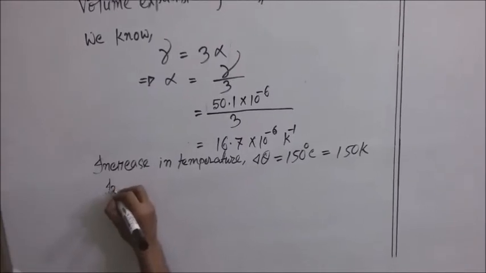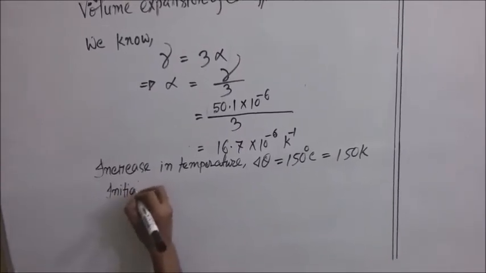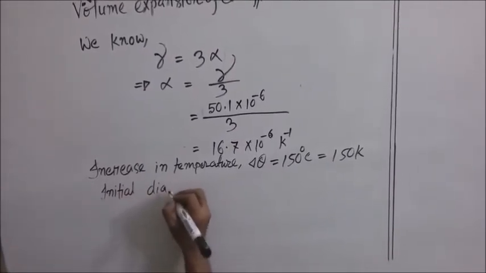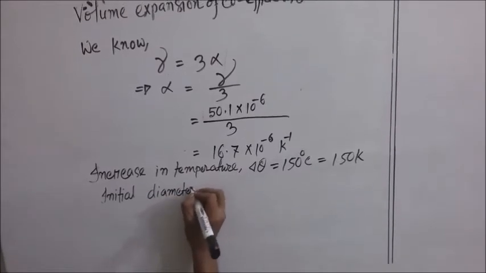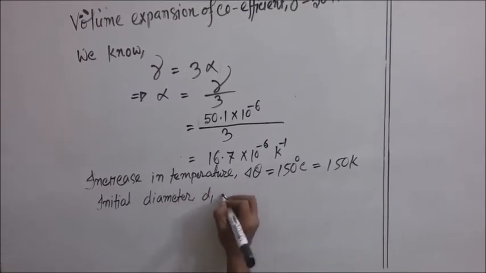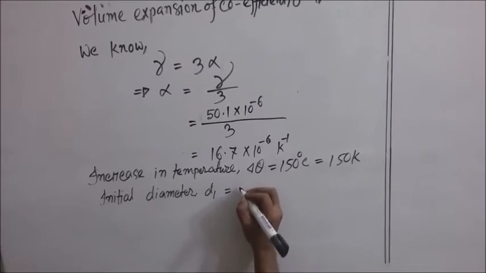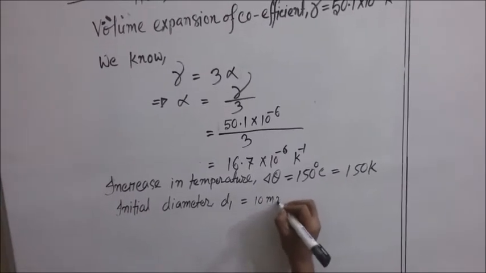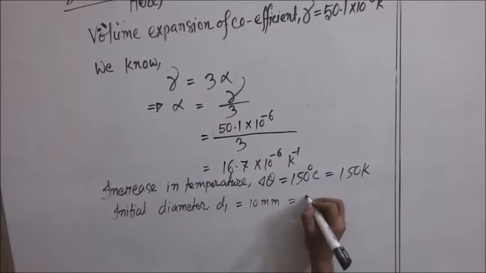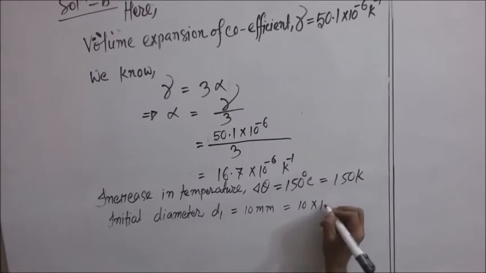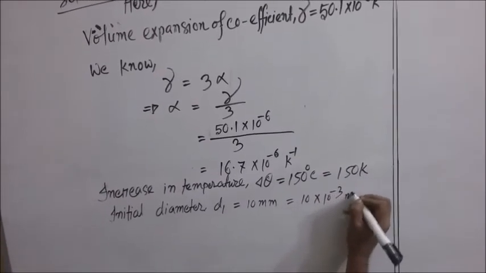Initial diameter d1 equal to 10 millimeter equal to 10 into 10 to the power minus 3 meter.